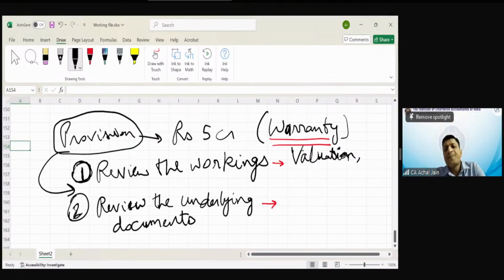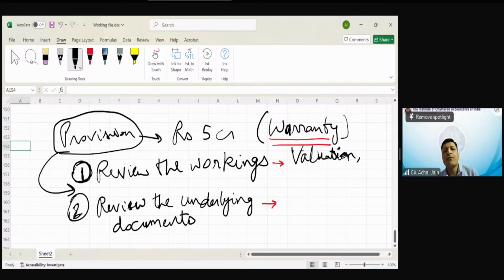Next, by looking at the workings, if you are getting that complete working which you are checking, you'll also try to ensure that provisions in respect of all the agreements or all the customers have been included in this working.